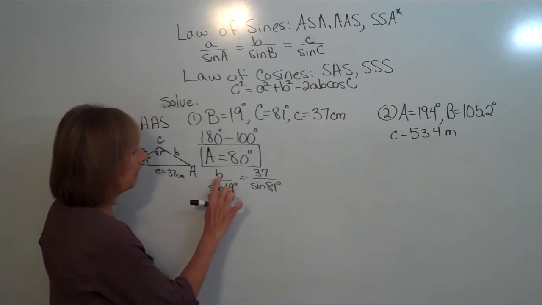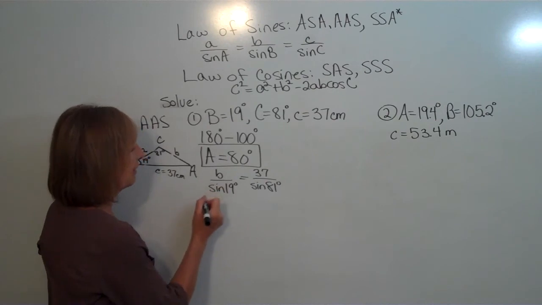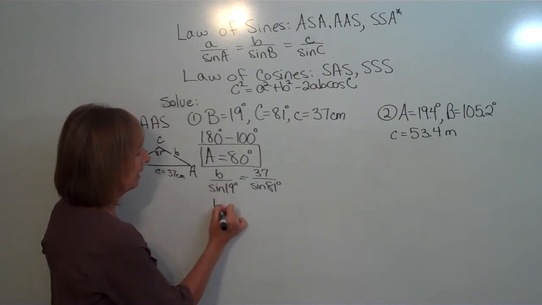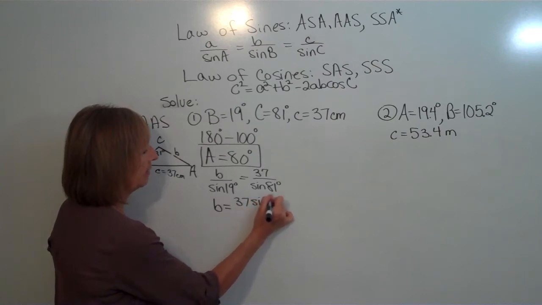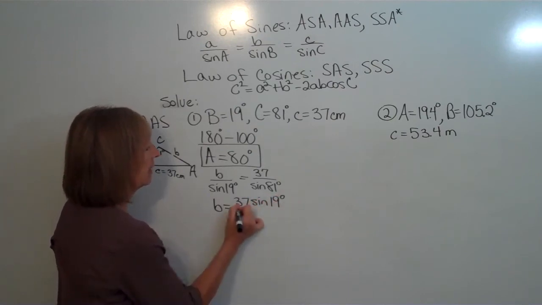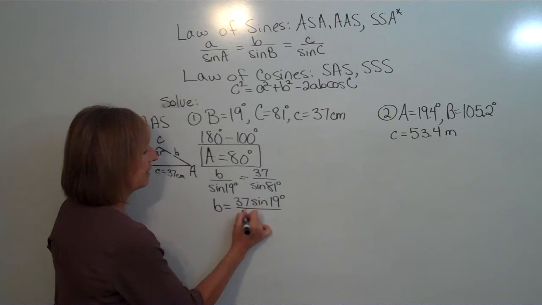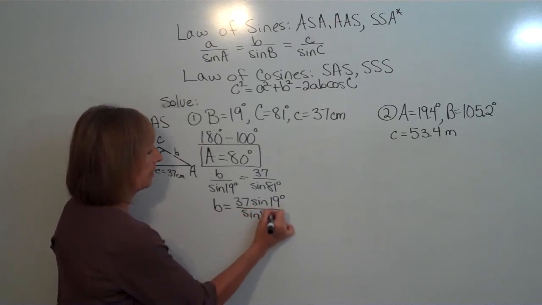So to solve for b, I'll multiply both sides by the sine of 19 degrees, and I get b is equal to 37 times the sine of 19 degrees, and then that's divided by the sine of 81 degrees.